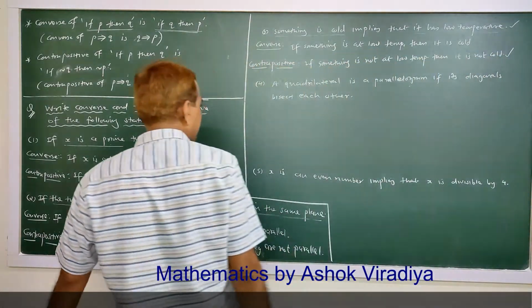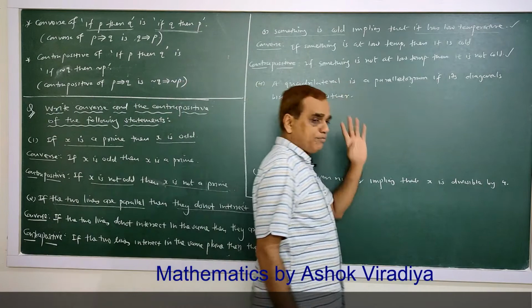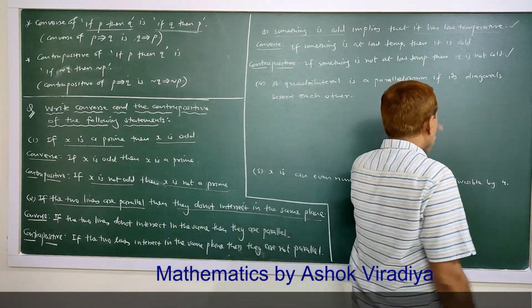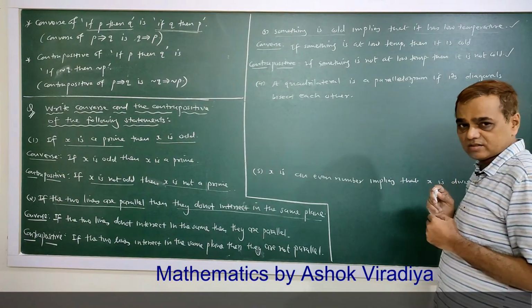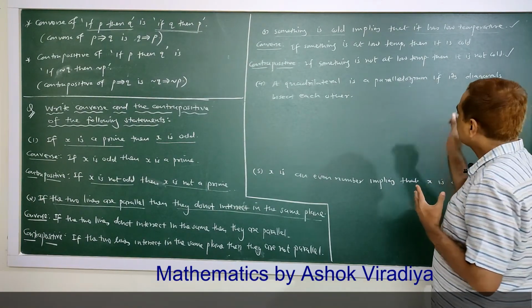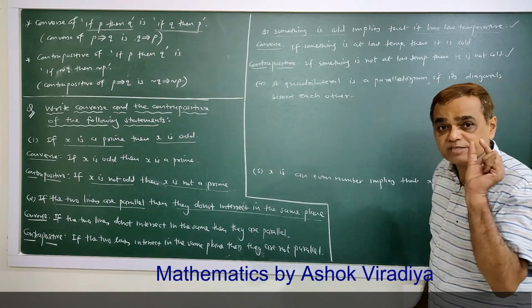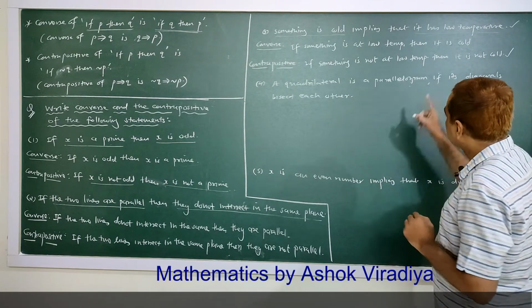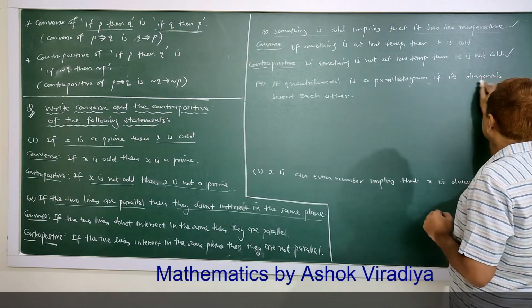Fourth statement, a quadrilateral is a parallelogram if, say here only if word is not given. Here only if is not given. If is given, not only if word is printed. So that means this is condition.